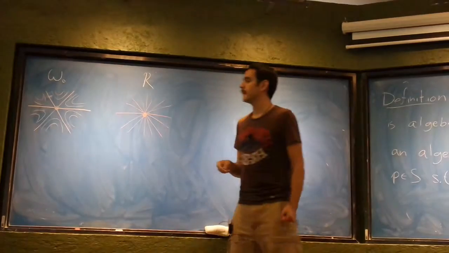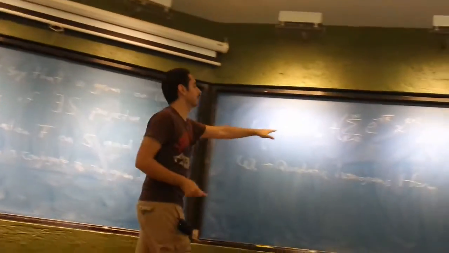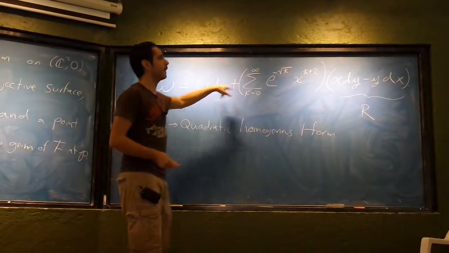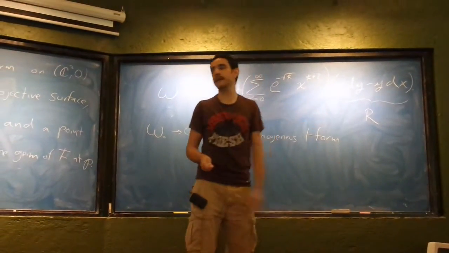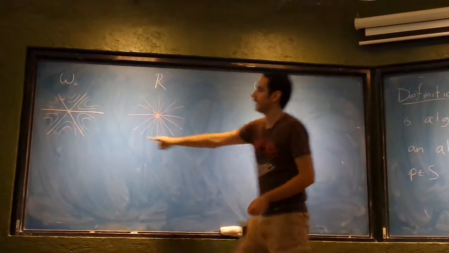And then this combination, the fact that we have this quadratic part plus a multiple of the radial foliation, means that my one form, omega, still has these 3 invariant lines.